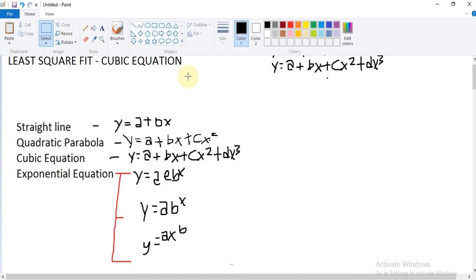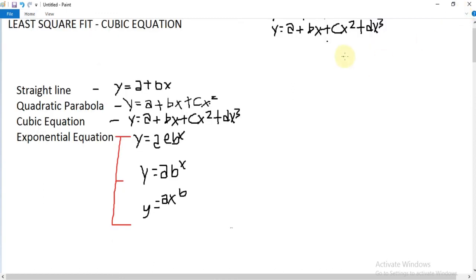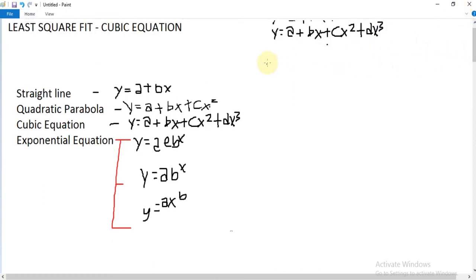In the cubic equation, you do the same thing as with the quadratic parabola or second degree curve. You just extend the equation: y equals a plus bx plus cx squared plus dx cubed.